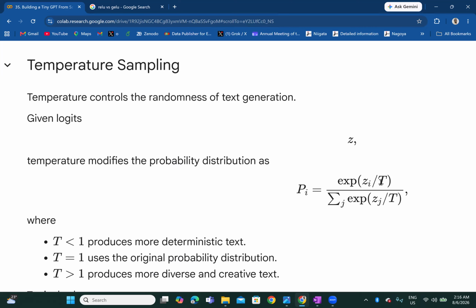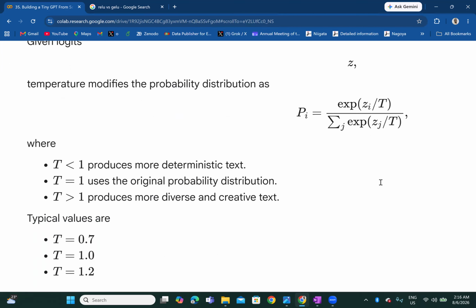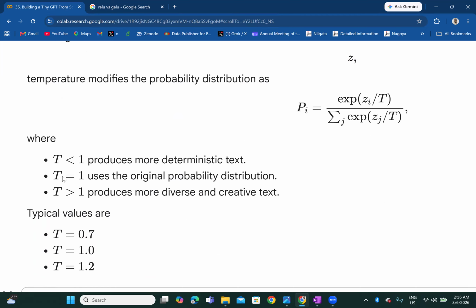The temperature tries to reduce the probability of predicting certain words so that there can be a fair distribution. So temperature less than one produces more deterministic text, so you always get the same kind of text. Temperature equals one uses the original probability distribution, so whatever you have, it gives you like that. But when the temperature is greater than one, it produces more diverse and creative text.